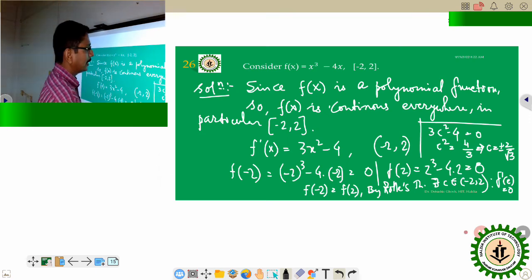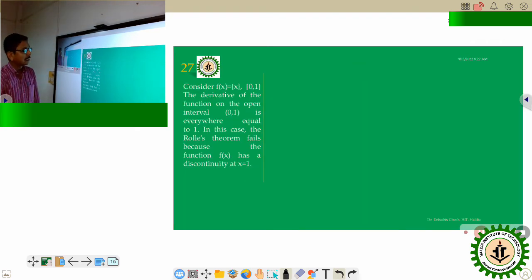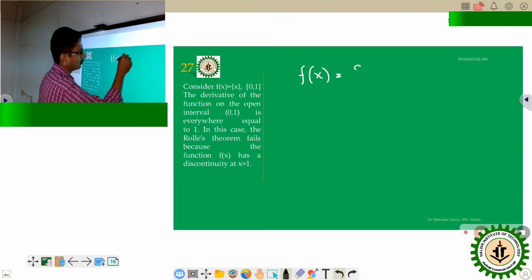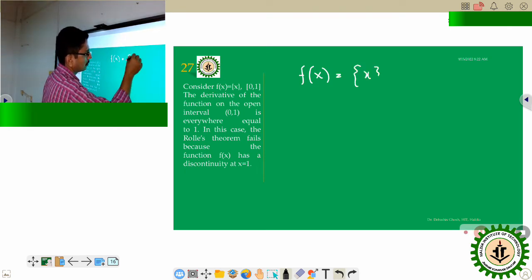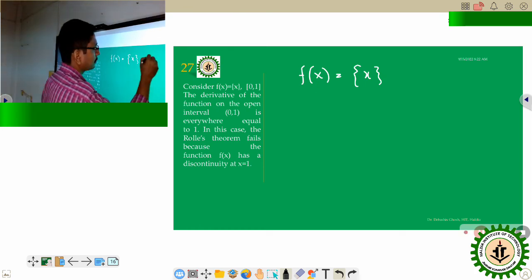This was one function. We have another function, that is f of x equals the fractional part of any number. So in this case, consider f of x equals the fractional part of x, with x lying in the closed interval 0 and 1.